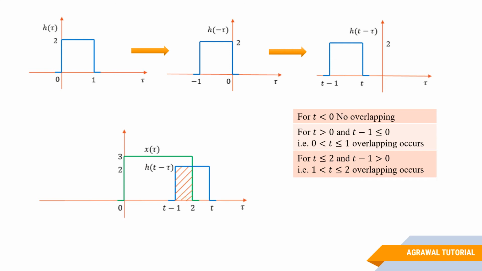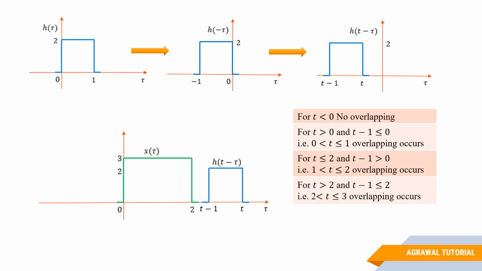So, for t greater than 2 and less than or equal to 3, overlapping occurs. Now, on further moving the signal such that t minus 1 is greater than 2, clearly in this condition no overlapping occurs. So, these are all the possible conditions of overlapping and non-overlapping regions.